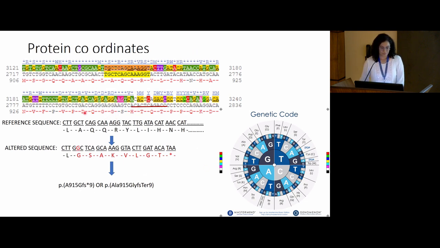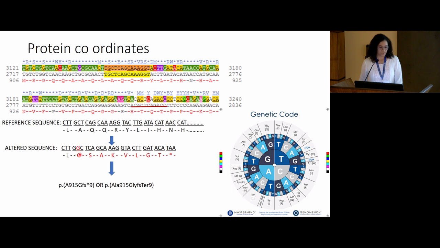Here we can see position 914, where CTT is the coding DNA for leucine, which remains the same. After that, between G and GCT, there is an insertion of G, right? So we can see that alanine, which was present in the original sequence, has been substituted by glycine.